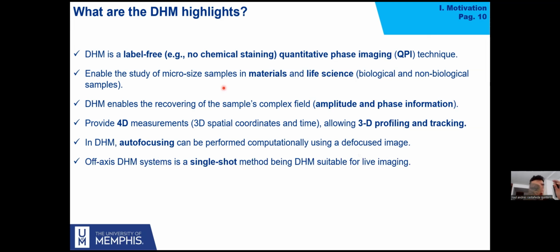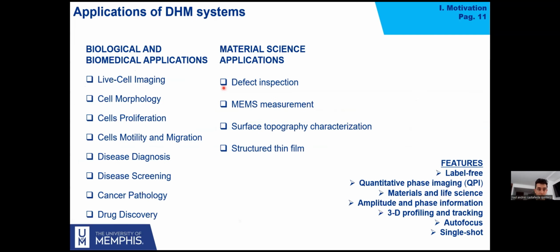A relevant feature of a specific architecture of digital holographic microscopy called off-axis is that it allows single-shot measurements. Single-shot measurements means that you can retrieve information of the sample with just one recording. This is relevant because you can obtain information of samples in real time.